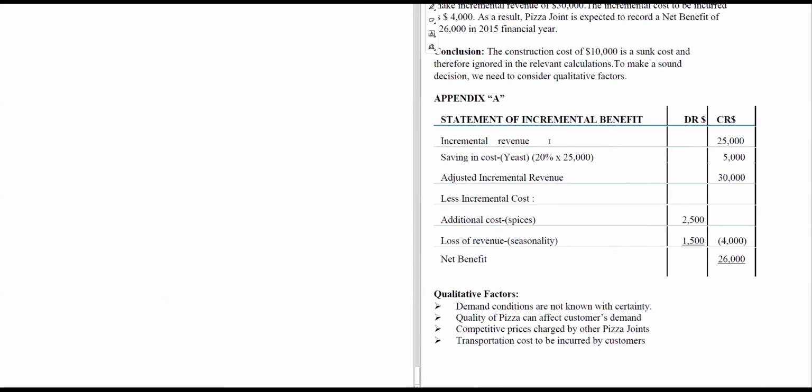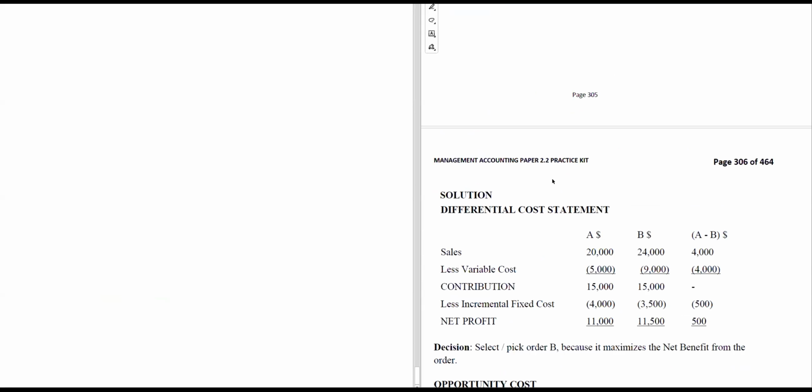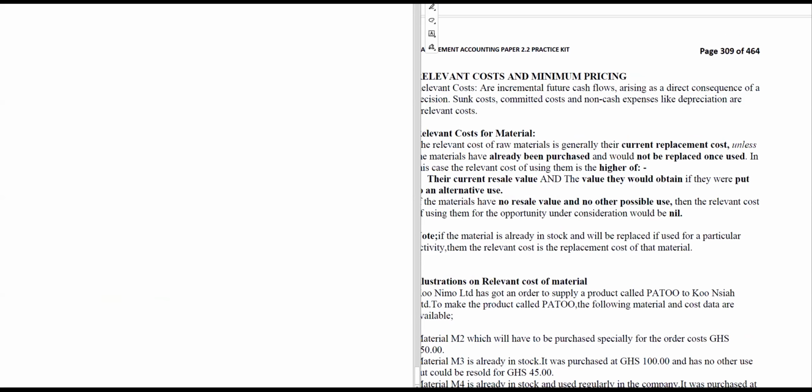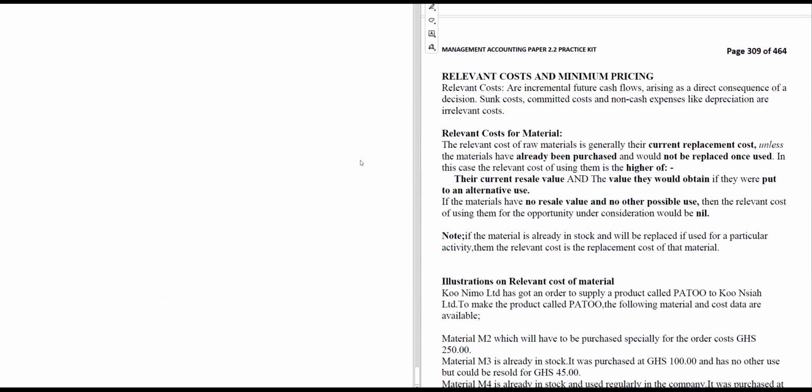Okay, so let's look at relevant cost and minimum pricing decisions. Now let me explain. This is where they get students a lot, and something like this may show up. Write it down.